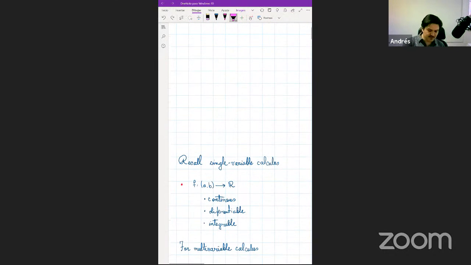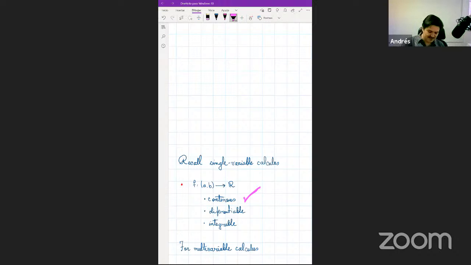And basically what we do here, for instance, a continuous function. When you see this in calculus, you define a continuous function in terms of epsilon delta. So there's a limit. When you go to your course in topology, you define a function to be continuous in terms of open sets.